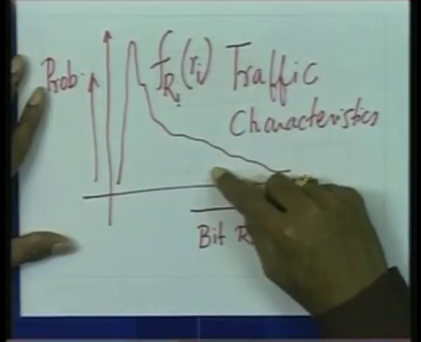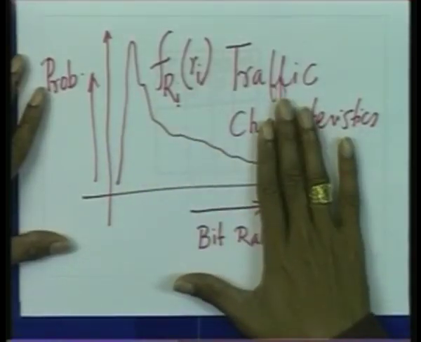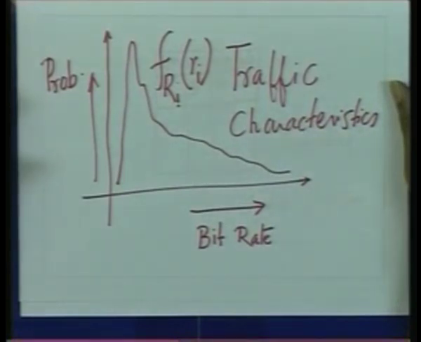That means each user knows how his curve looks, and each user can submit its density function to the network. Let us say that there are m users, and each has given its traffic characteristics to the network.